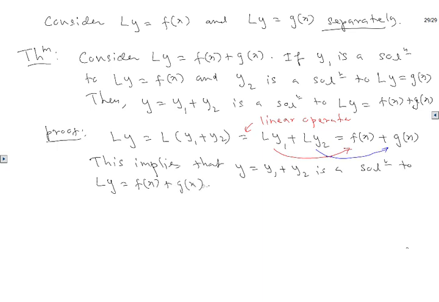That means this theorem makes our life much easier. What this says is that you can simply consider those two cases at the same time. So this is a very important result.